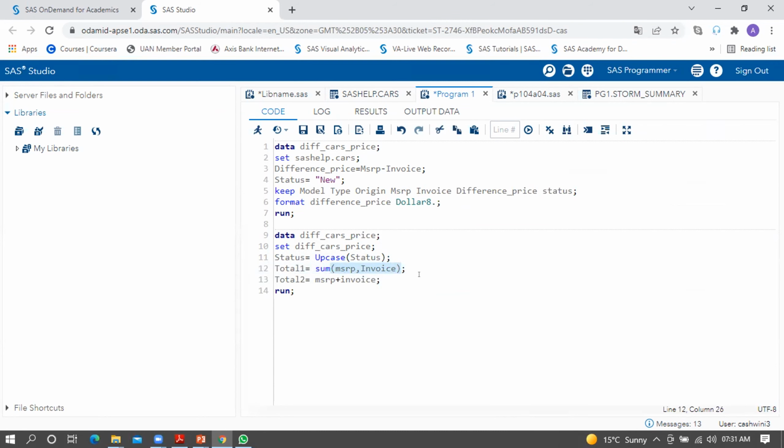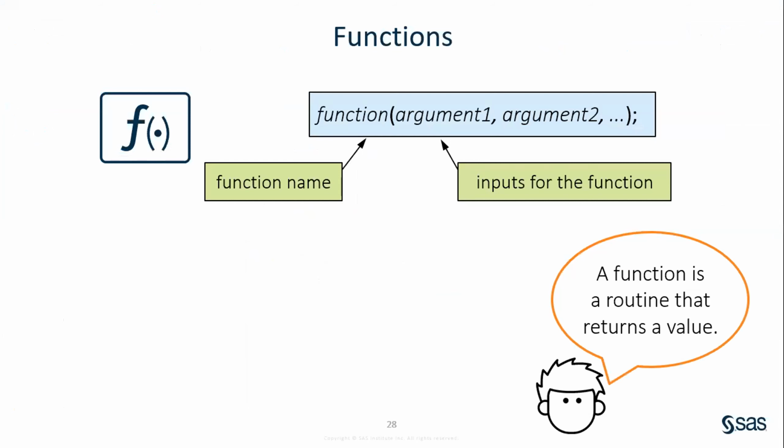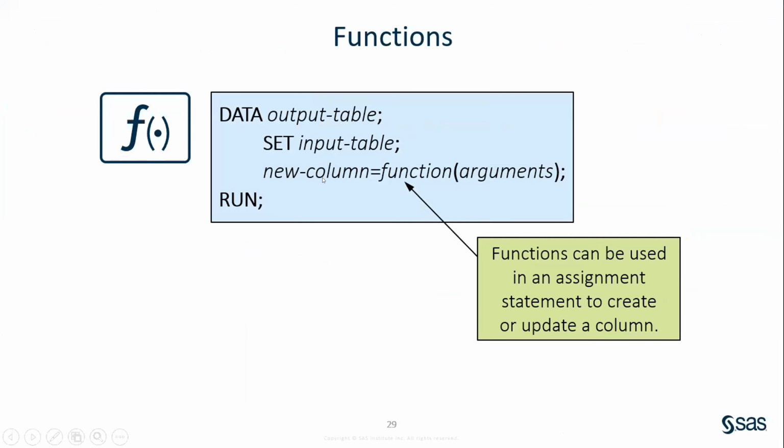So this is how the syntax works for functions. In your assignment statement, you can create a new column or update an existing column with functions, using the function and its arguments.